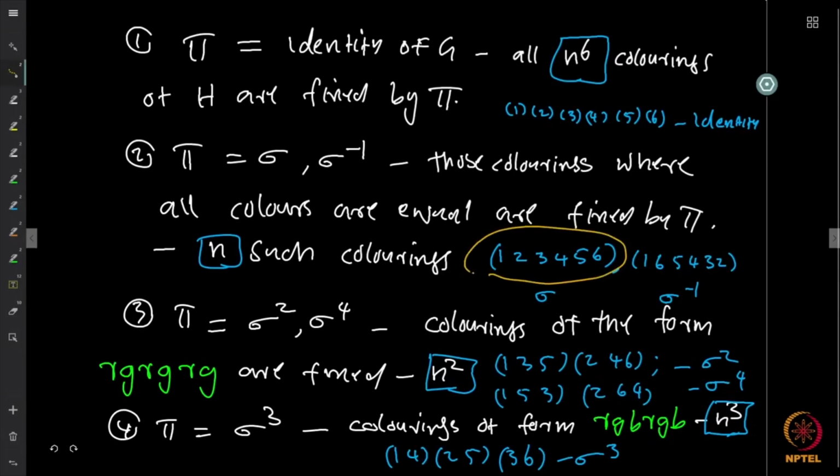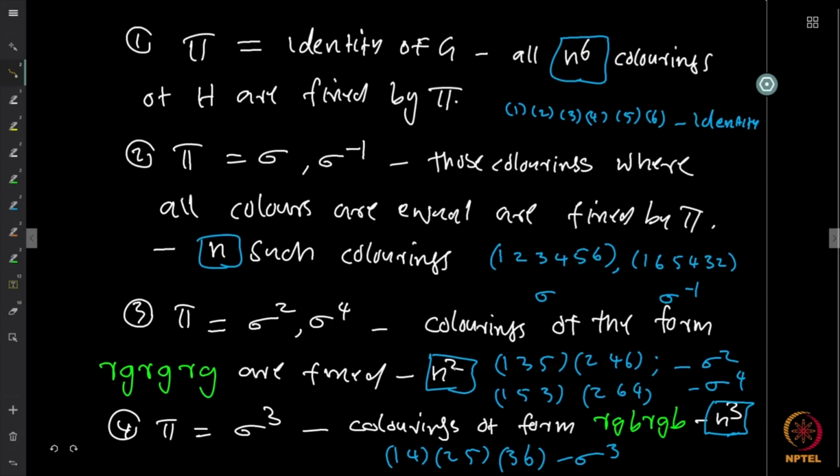Sigma has only one cycle, which is with all the 6 elements. Sigma inverse also has only one. So you will see that the number of cycles in sigma, for example, is the exponent of n here in the count. For each permutation, you can verify that it is the case. For example, when you are looking at sigma square or sigma raised to 4, sigma square has two cycles.